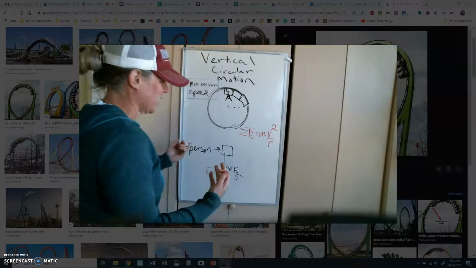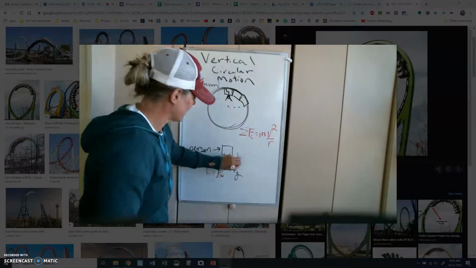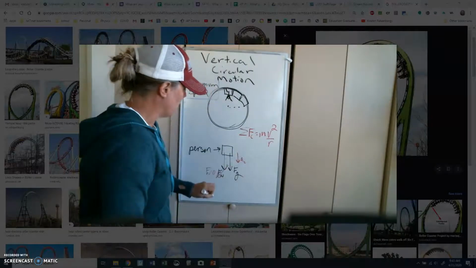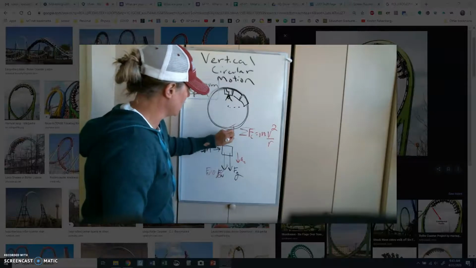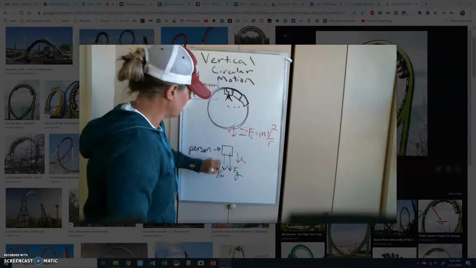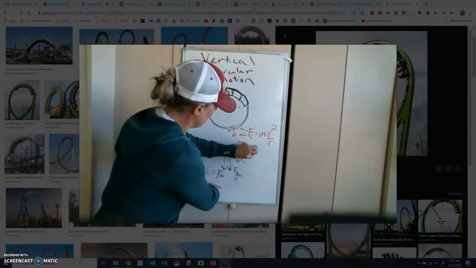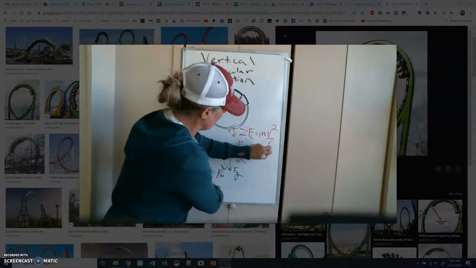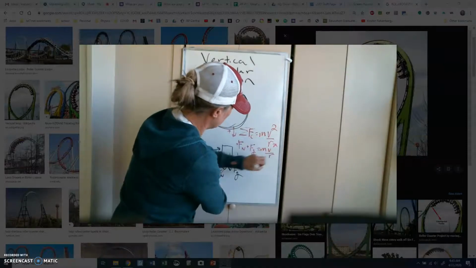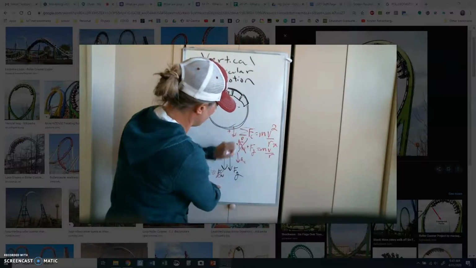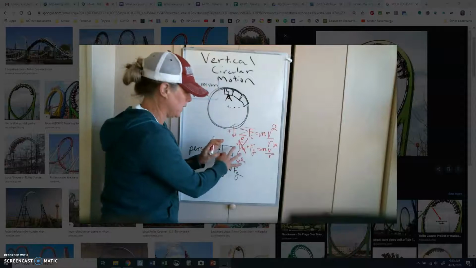Well, this is where I like to say my acceleration is down, so I'm going to say down is positive. So force normal plus force of gravity equals mv squared over r. Well, force normal goes away because we're finding minimum speed.